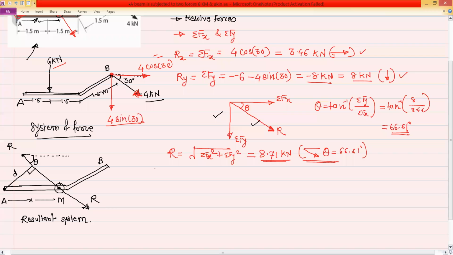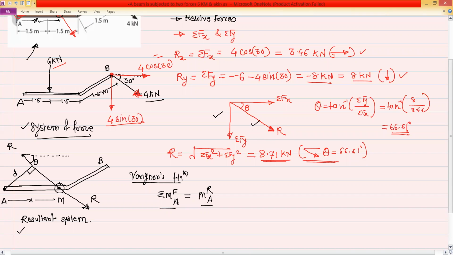So now we can use Varignon's theorem. So what is Varignon's theorem? Summation of moments by all the forces about any point is equal to the moment by the resultant about the same point. So to find out the LHS, just refer to the system of forces, and to find out the RHS, refer to the resultant system. Okay, so first try to find out the left hand side.